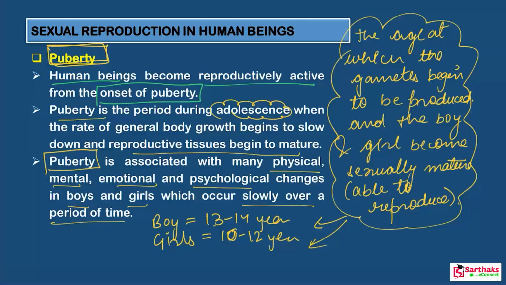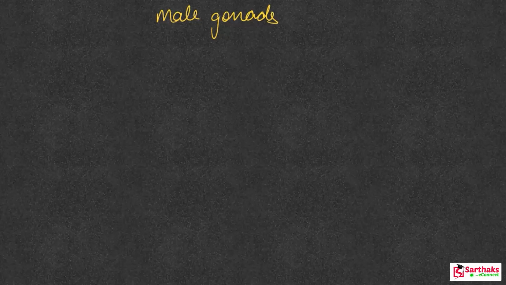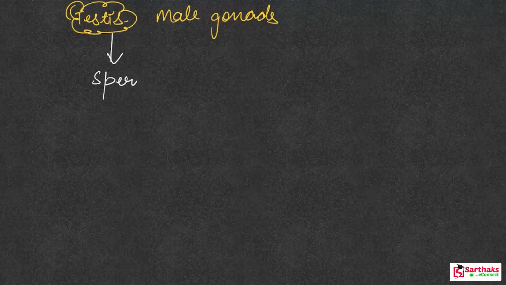Listen once again: on attaining puberty, the male gonads, called testes, start producing gametes called sperm, only at the time of puberty, not from birth. Keep in mind that any male or female can produce gametes only when they are at the age of puberty.